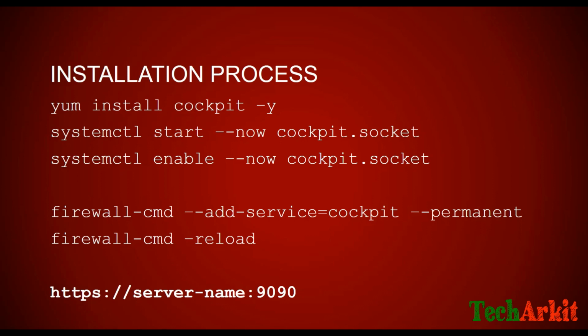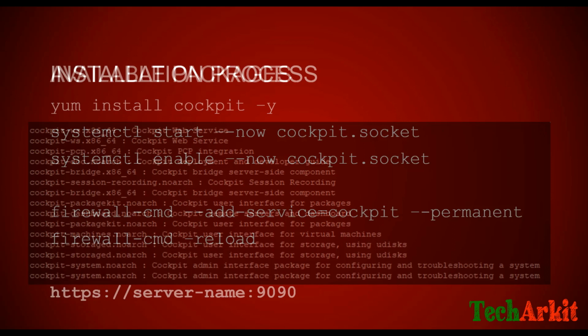You have to start it and enable it. Then we have to enable the service from firewall-cmd, so that the Cockpit service is enabled and reloaded. Then you can go to HTTPS, the server name, and :9090 is the port of the web console access. Then you can access the console server.